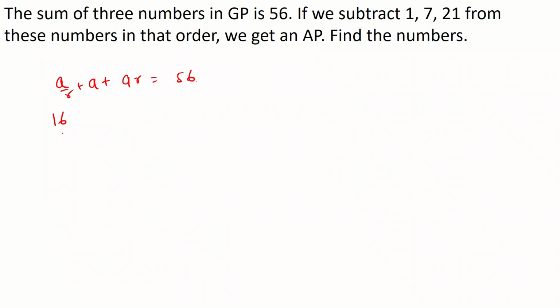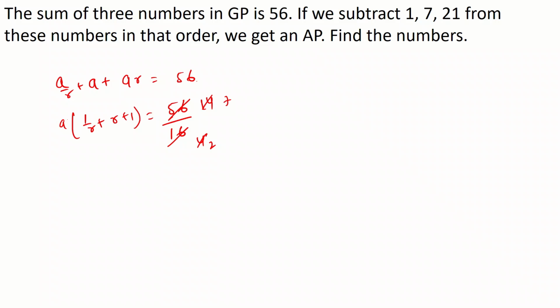16, we can take a common. So a times 1 by r plus 1 is equal to 56 by 16. So what is 56 by 16? 4 ones are 4, 4 4s are 16, 4 4s are 16, 2 and 7.